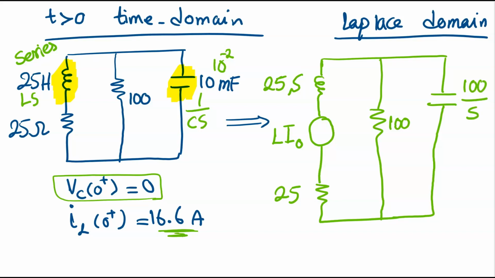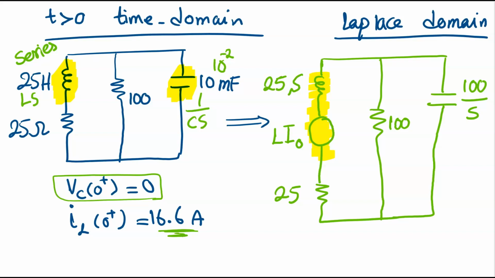The last component to take care of is the voltage source that models what I have here, basically modeling the inductor. So the voltage source I have to use here should show me the same direction for the current as the initial current.